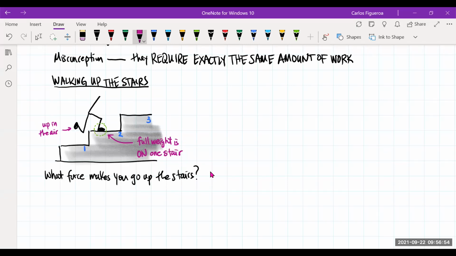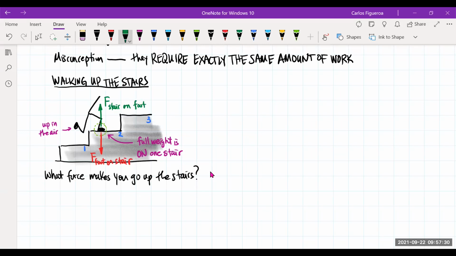So then here we go. If I start to draw this, this must be the force of you pushing down. So this is the force of the foot on stair. According to Newton's second law, or third law, excuse me, there has to be an equal and opposite force. So that force is the stair on foot.